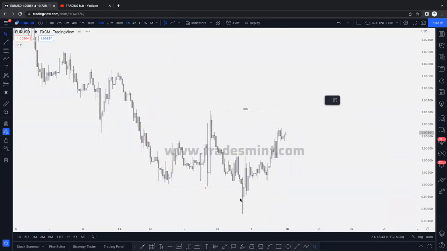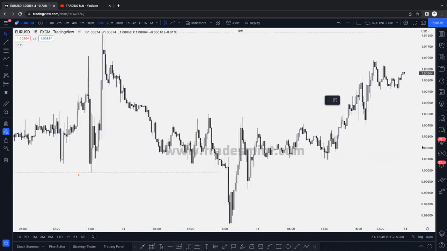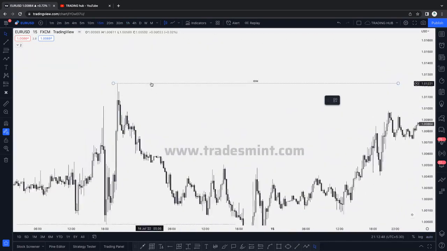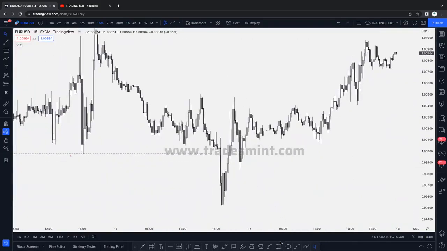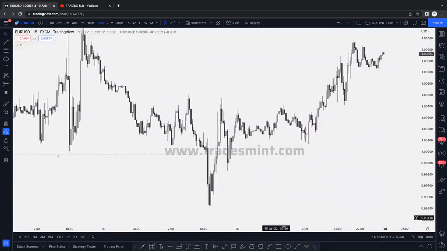Now switch into the 15 minute. Okay, so the break of structure is here, taking out this high, which is here, correct? And this one is our 15-minute inducement, which is here.